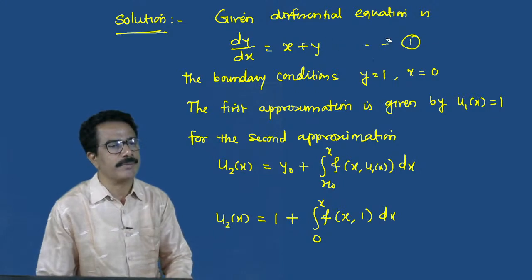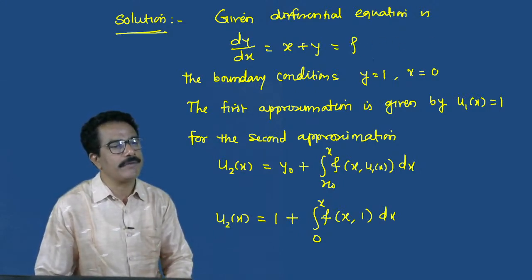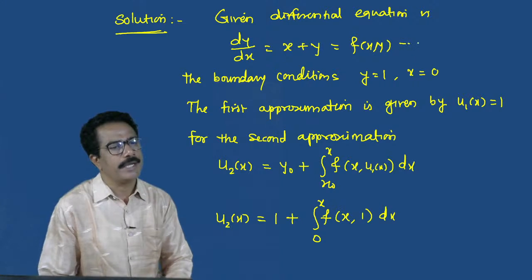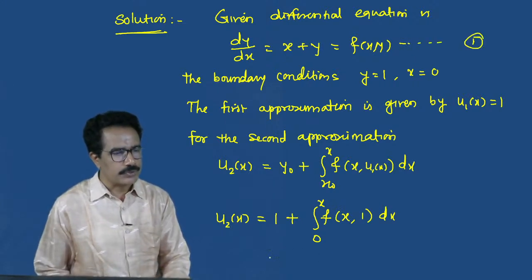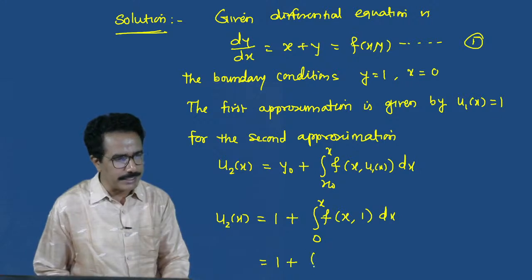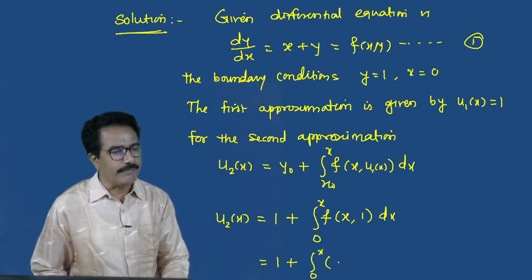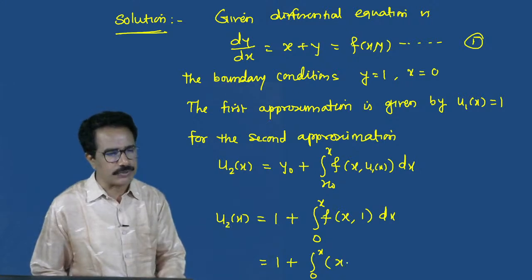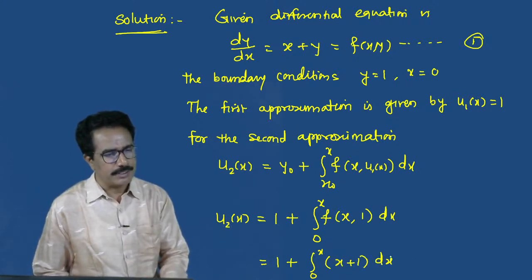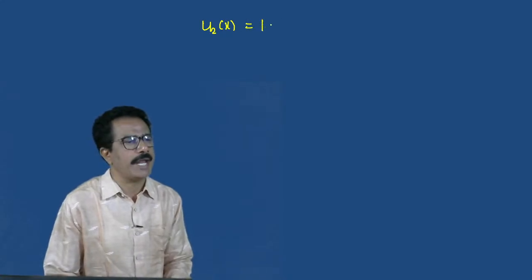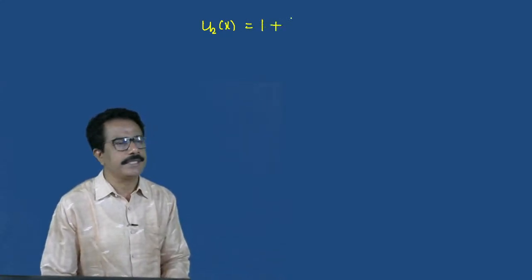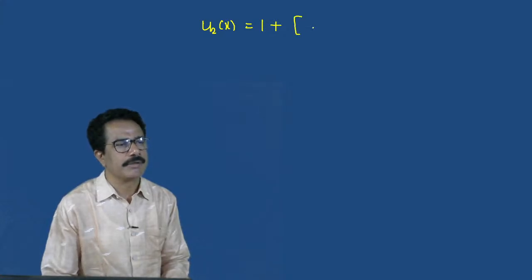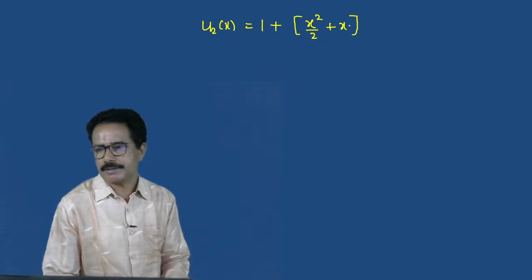What is meant by f of x comma y, suppose this is equation number 1. So we can write 1 plus integral from 0 to x, f of x comma y means x plus 1 dx. So calculate this integral. Now u2 of x is equal to 1 plus the integral of x plus 1, that is x square by 2 plus x.